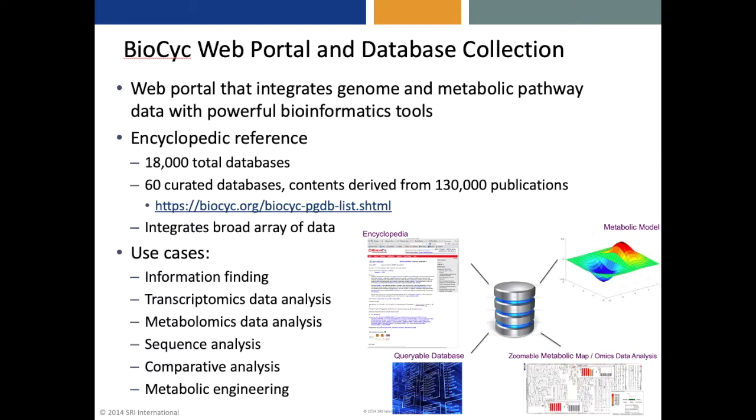And you can refer to this URL here to see which are the curated databases. It integrates a really broad array of data, and its use cases include information finding, transcriptomics data analysis and metabolomics data analysis, sequence analysis, comparative analysis, and metabolic engineering.